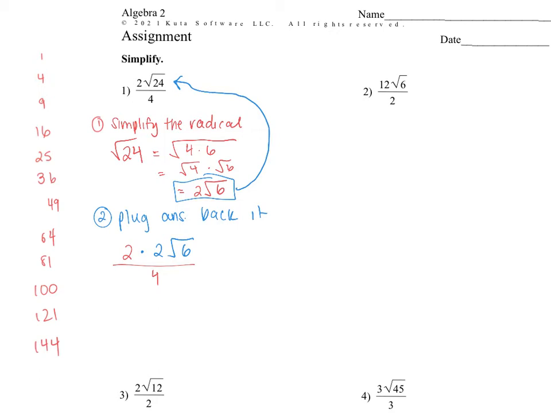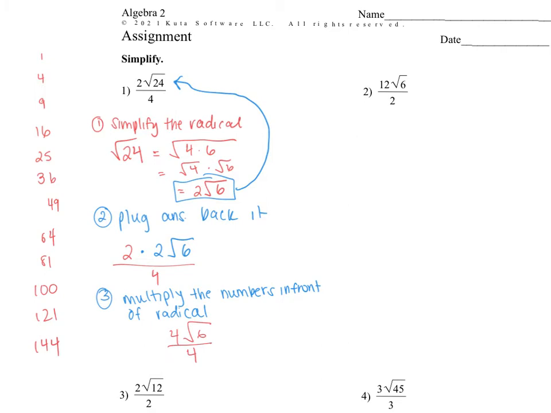Okay? Step 3 is then to multiply the numbers in front of the radical. So in this case, it's 2 times 2. So I'm going to go ahead and say 4 square root of 6 all over 4.